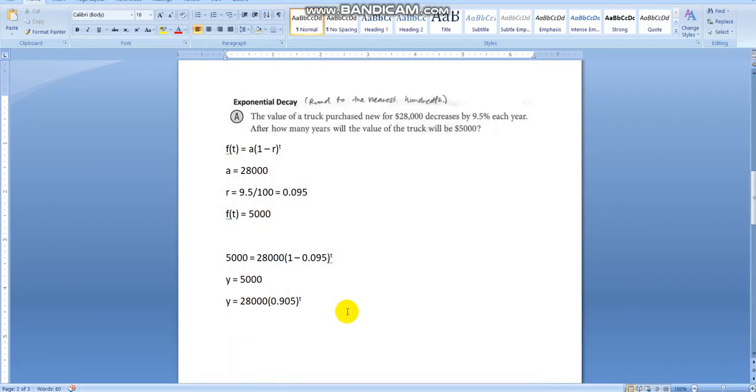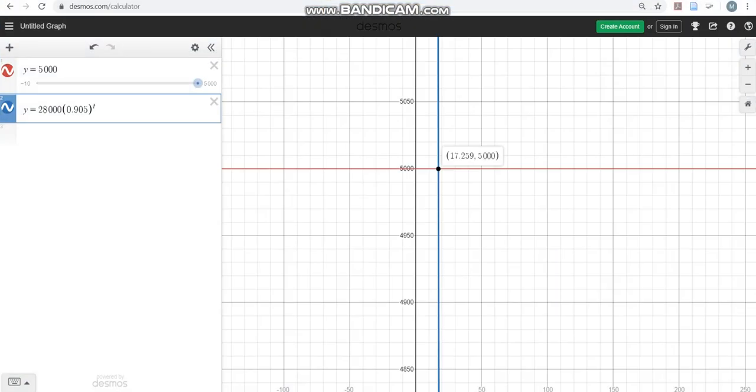So we're going to say that it takes about 17.26 years for the value of the truck to reach $5,000. So that's basically how you would answer that problem.